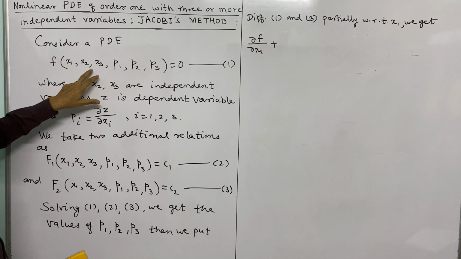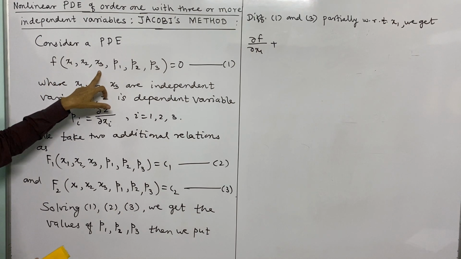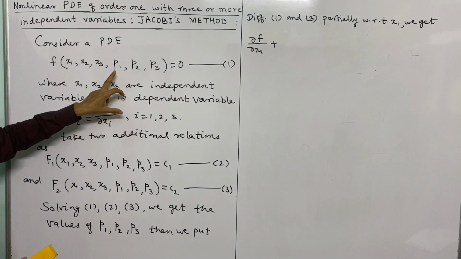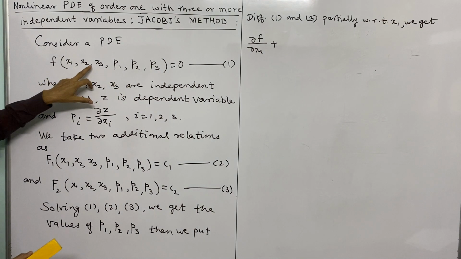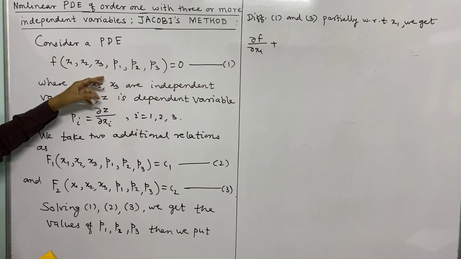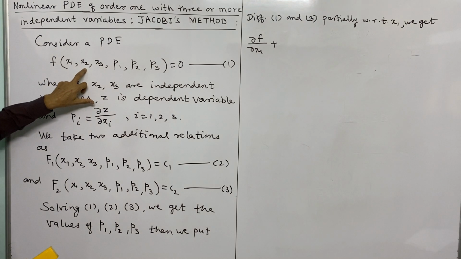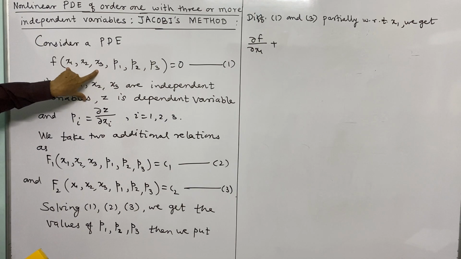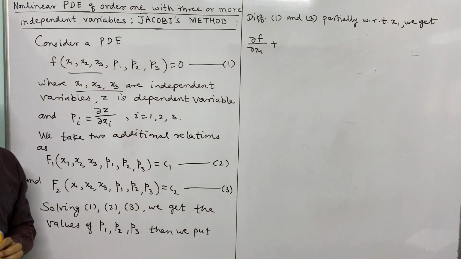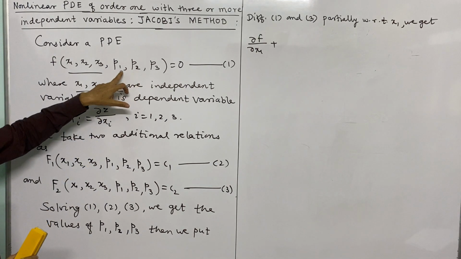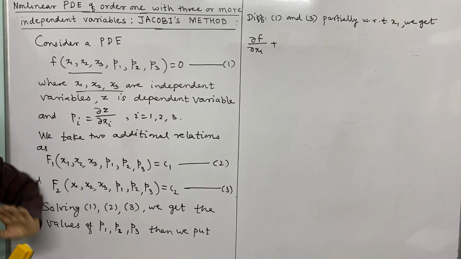So x1, x2, x3 are the only independent variables, and so when we differentiate partially with respect to x1, x2, x3 will be constant. Similarly, when we differentiate partially with respect to x2, then x1, x3 will remain constant, and we have to remember we have to take the derivative of p1, p2, p3.